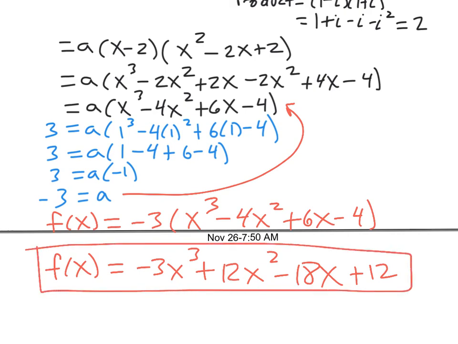And there it is. Keep in mind, everything from here on down was in addition to the other problems that we had done, because it told me when x is 1, y is 3. So I got to plug in 1 and 3, and I got to work to get that a, the leading coefficient, is actually -3. That's the number I'm looking for. All right, that is all for 3.4. More to come on 3.5.